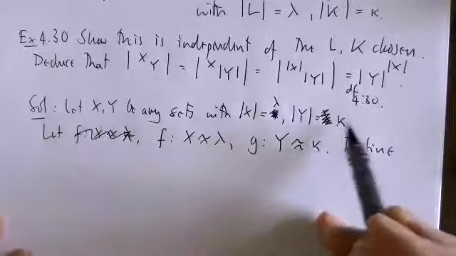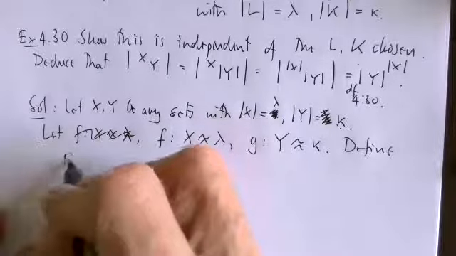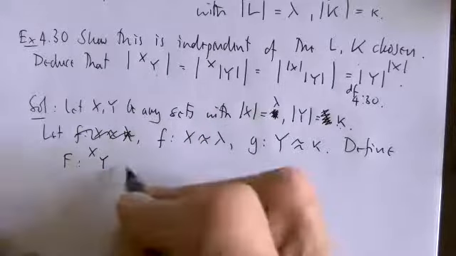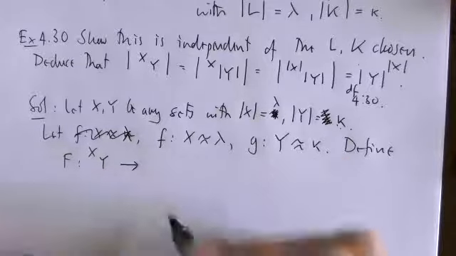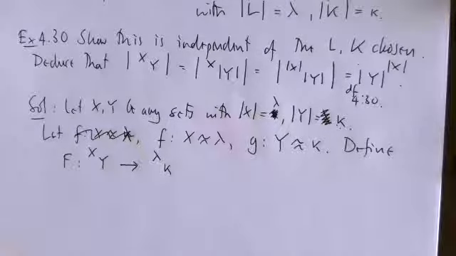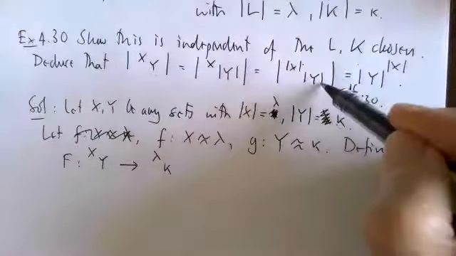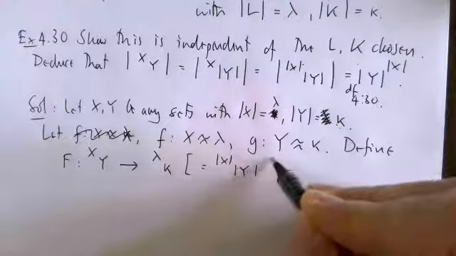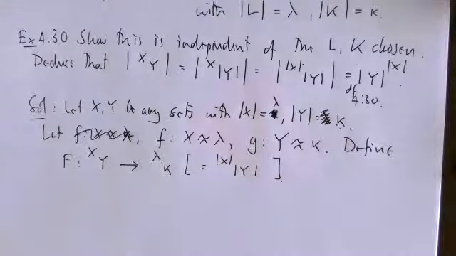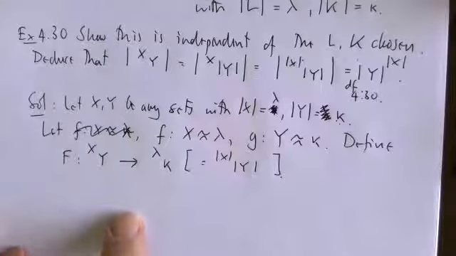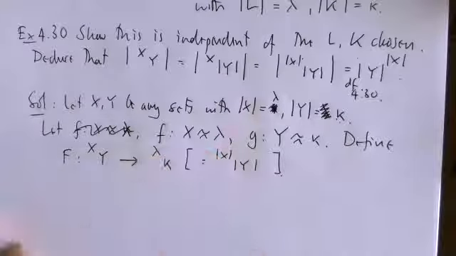So these are sets, kappa and lambda are cardinals. So I'll just define F, which takes functions from x into y into functions from lambda into kappa, right? So what can I do here?